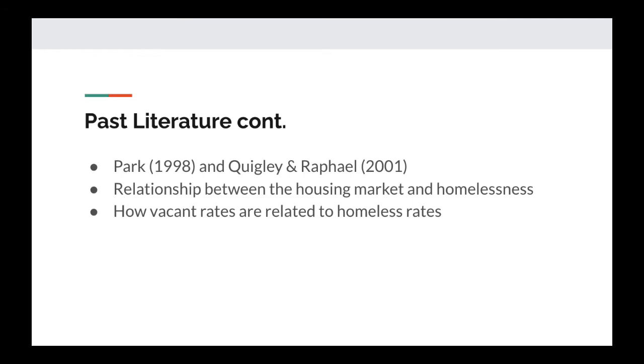And Quigley and Raphael also looked at this relationship, but theirs was on a much wider scale. They looked at all of North America, and from their broader scale, they also found that weather is going to play a major role when it comes to the homeless population, and that warmer climates are going to have a higher homeless population because it's a little bit more favorable and survivable for those who are on the streets.